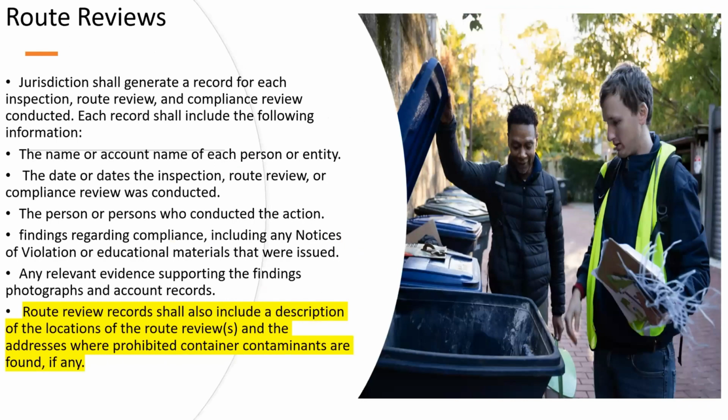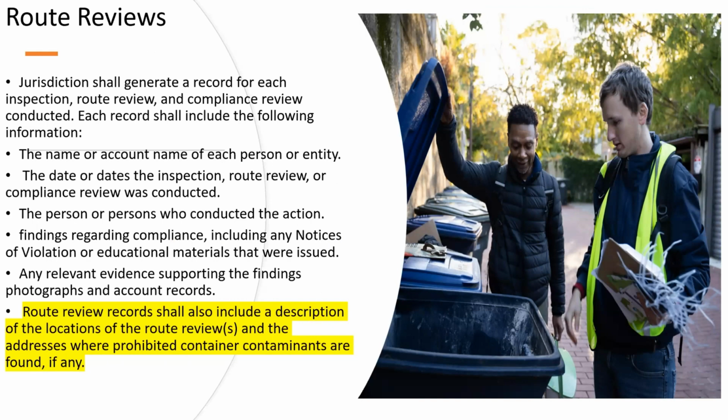So here's your lid flips, your route reviews. You have to keep a record of all your inspections. So the name or account name of the person, the dates you inspected. It could be route 1 if it's single family. It should list individuals if it's commercial, what you found. Did you give any notices of violation?